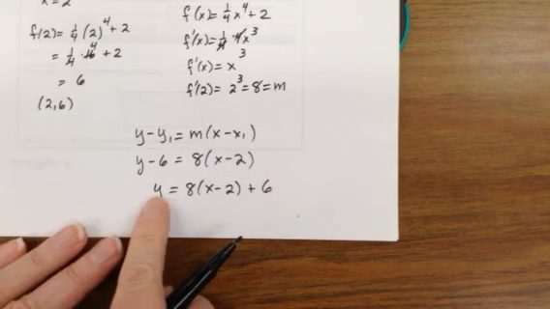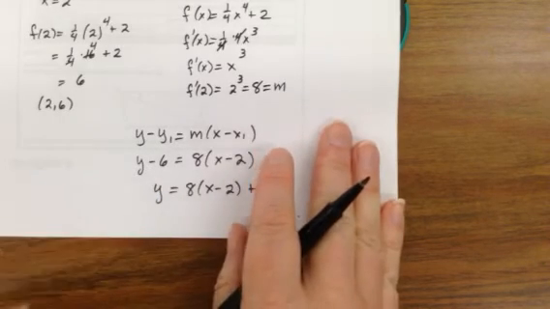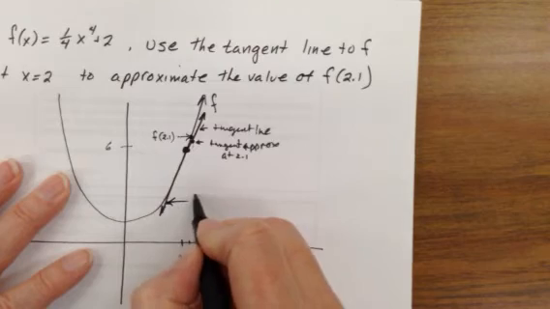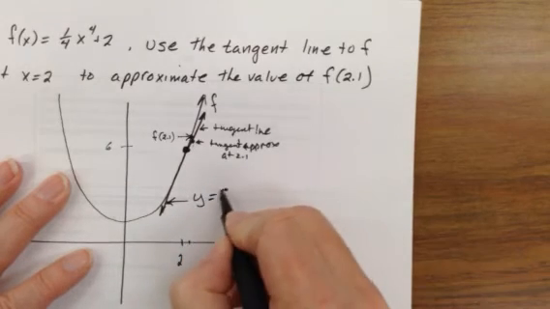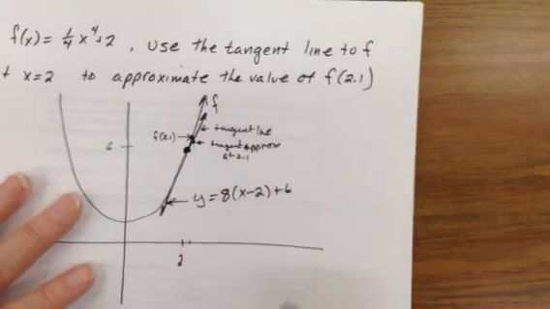I can use the y-coordinates of the tangent line to approximate y-coordinates of the function. So I'm going to take this equation, and I'm going to bring it back up to my picture so you can look at it. The equation of this tangent line is y = 8(x - 2) + 6.